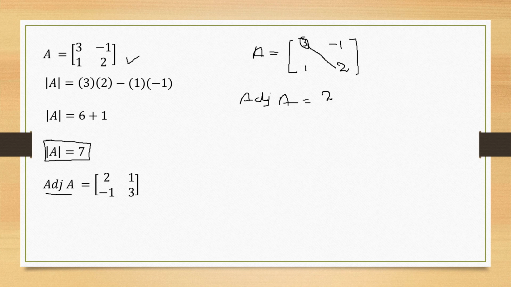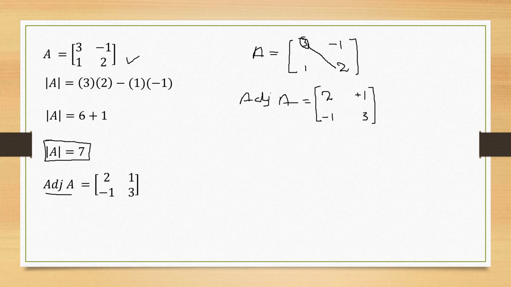So 3 will be replaced by 2 and 2 will be replaced by 3. In the off diagonal elements, the places are kept, but the sign will be changed. So this minus 1 will become plus 1, and this plus 1 will become minus 1. So this is the adjoint of a 2 by 2 matrix.